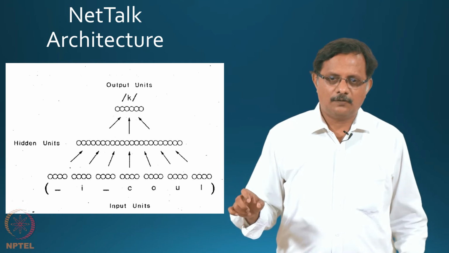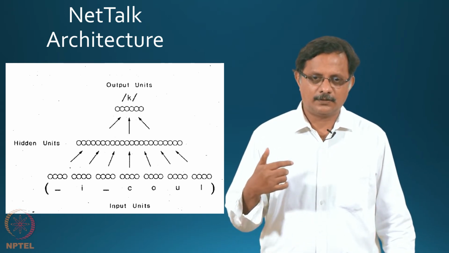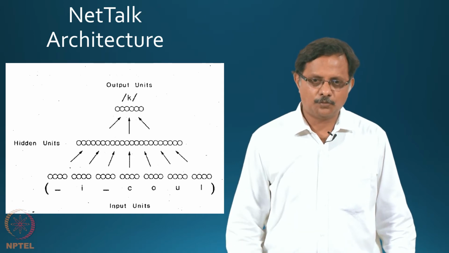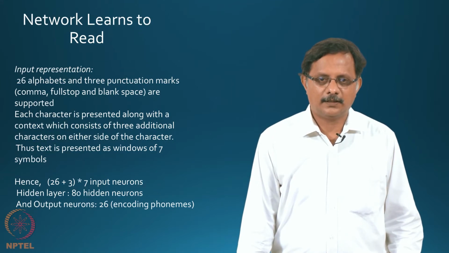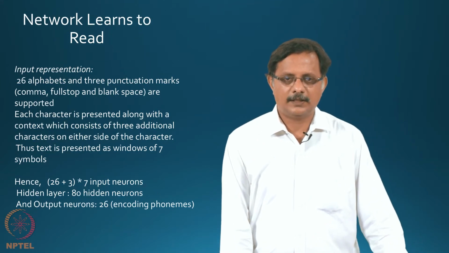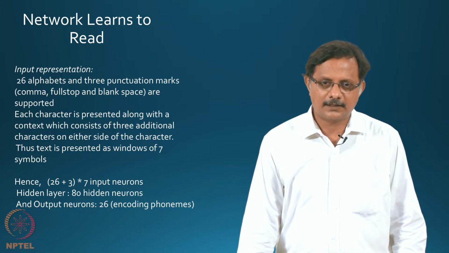This window of input text is given to the input layer, which is presented to the hidden layer, and that is presented to the output layer where the phoneme is recognized. Each input character is represented by a set of 29 bits, because the network can understand all the 26 English letters and 3 punctuation marks, that is full stop, comma and a blank space.